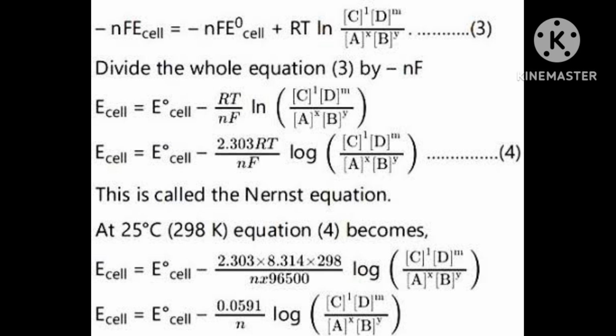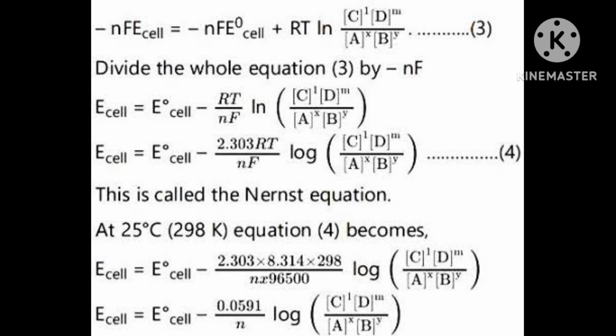The metallic form is the reduced state and the ionic form is the oxidized state. This also you should write. Then you write product by reactant; this whole concept you can write for a single electrode potential.